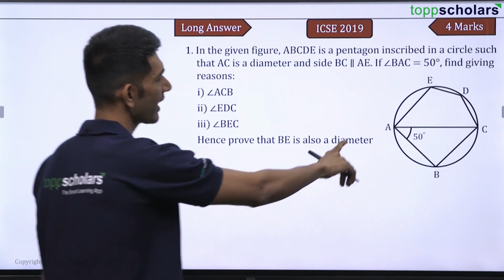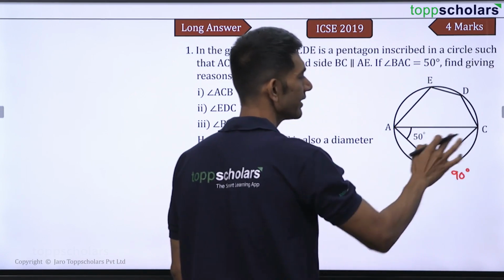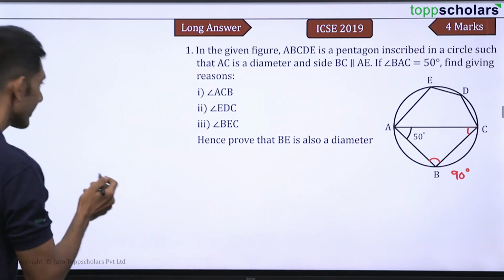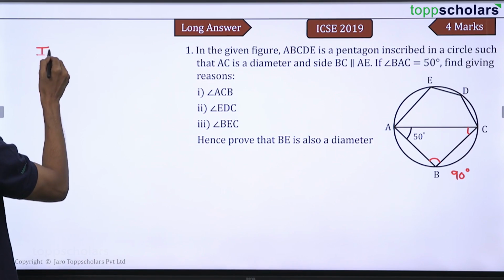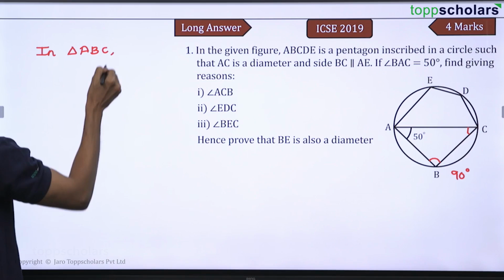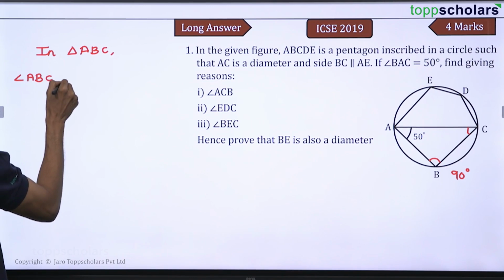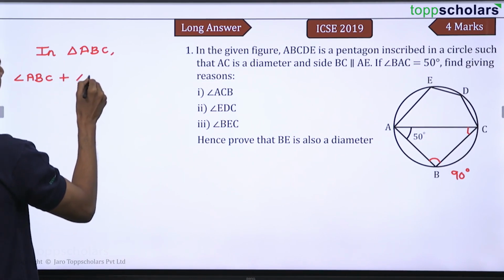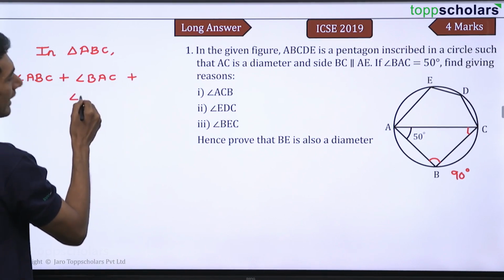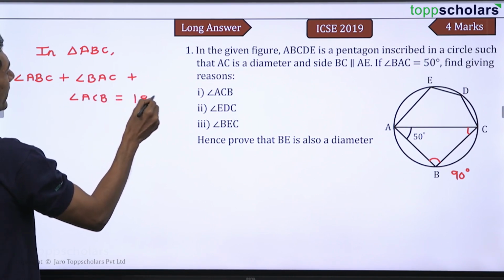So now if I take this triangle ABC, I know that this is 90 degrees. Can I find out this? Angle sum property of triangle. Very simple. So can I say in triangle ABC, angle ABC plus angle BAC plus angle ACB is equal to 180 degrees.